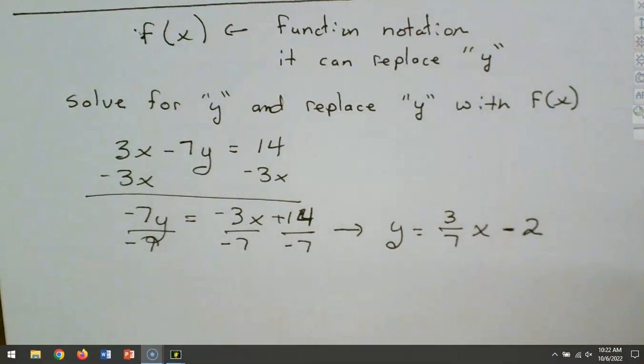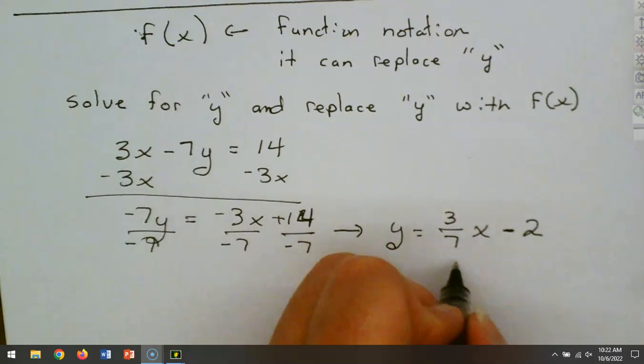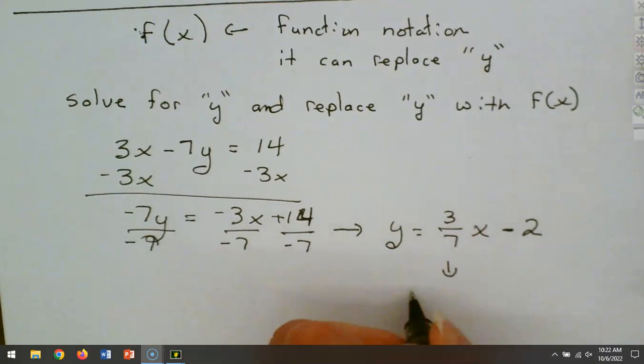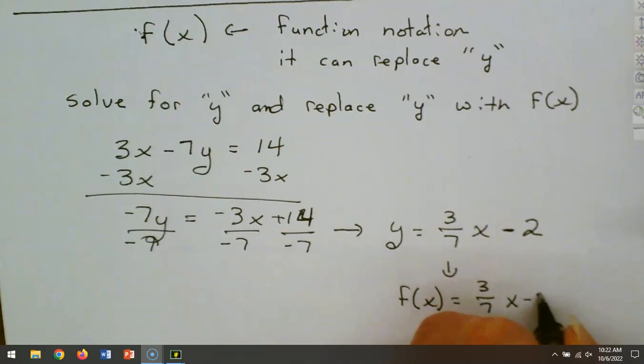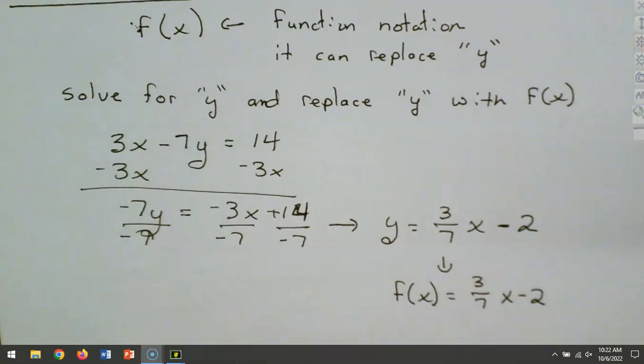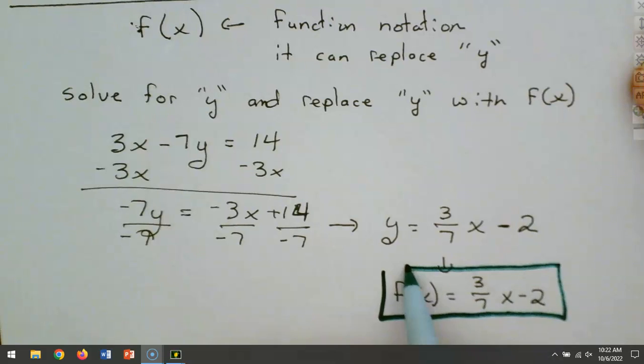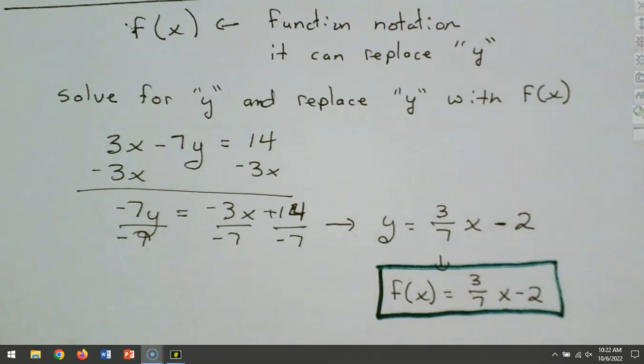What do we do for our next step? Now to finish this out, we replace y with f of x. So this is going to be your final finished answer here.